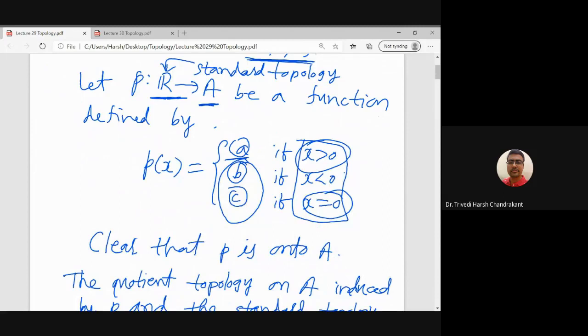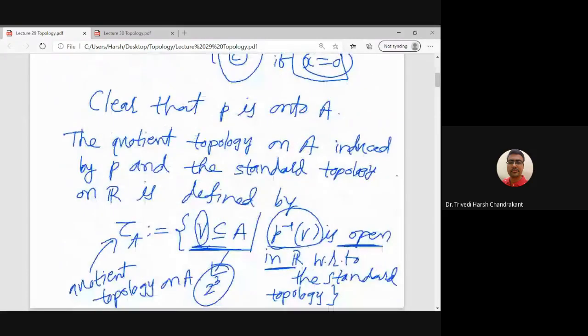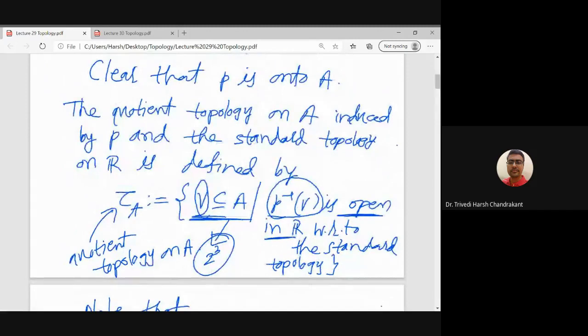Using this function P and the standard topology on R, we have defined a specific topology on A. That topology is the quotient topology, and it is defined in this way: a subset V of the codomain A is open, that means it belongs to the topology tau, if its inverse image P inverse V is open in the domain.